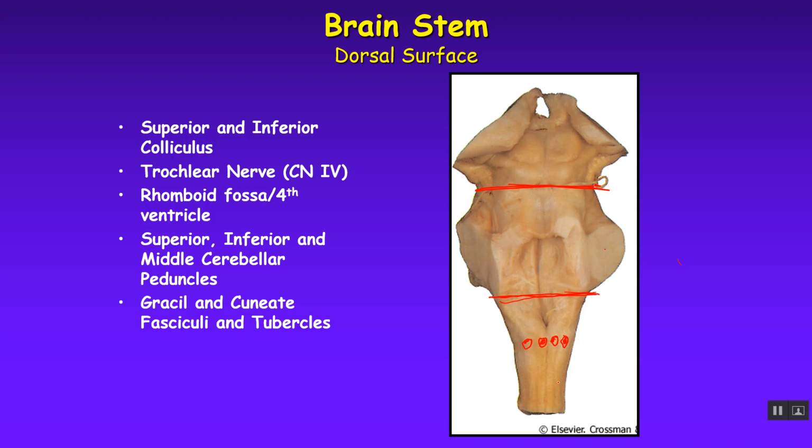These are associated with sensory information, proprioceptive information, information telling you about your body's position in space that you consciously are aware of. It's coming up the back part of your brainstem.